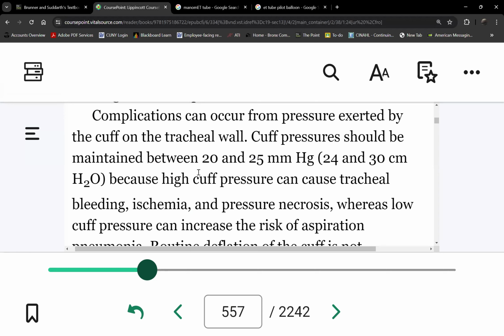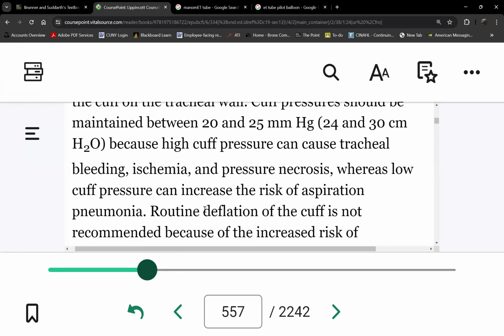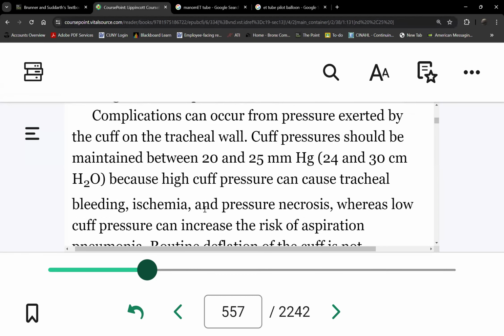Are we clear? Underinflation causes what again? Leak and aspiration risk. And if it's too much, damage: tracheal bleeding, ischemia, or necrosis. All right, are we clear? Yes. All right, so why a range? Because we don't know how wide the circumference of each person's trachea is.